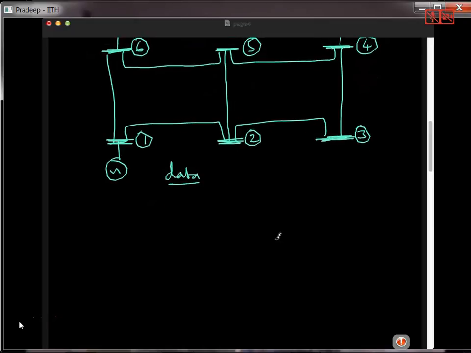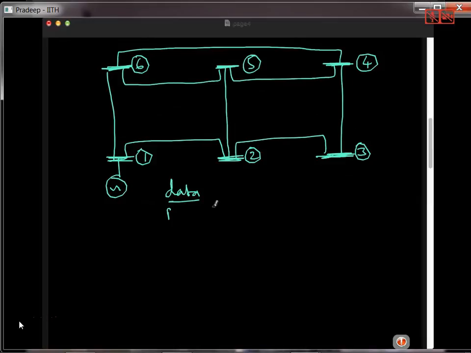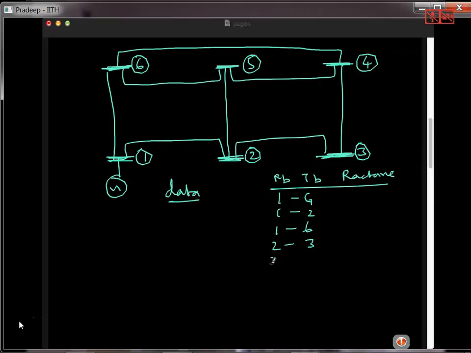From bus, to bus, and then the reactance. So I have 1 to ground, and then 1 2, 1 6, 2 3, 2 5, then 3 4, then 4 5, then 4 6, and then finally 5 6.